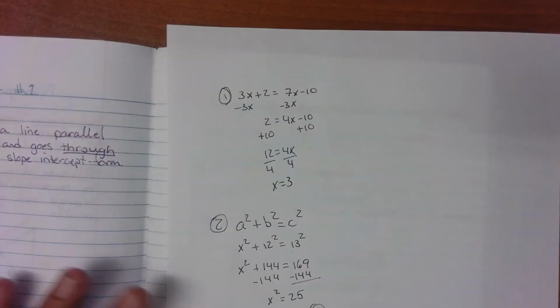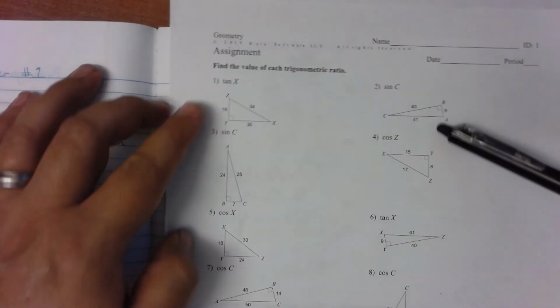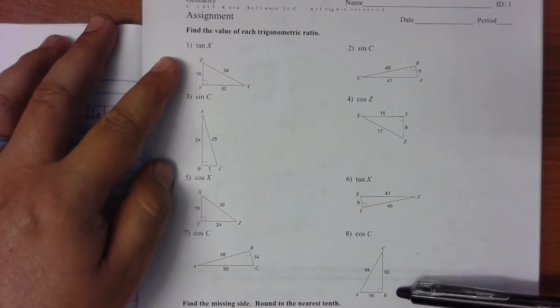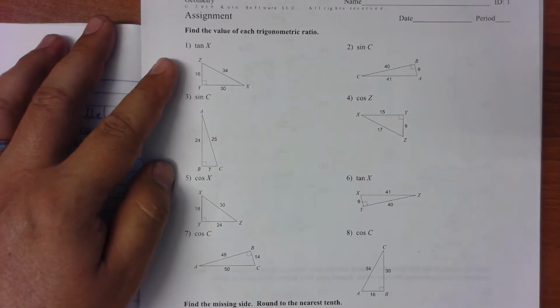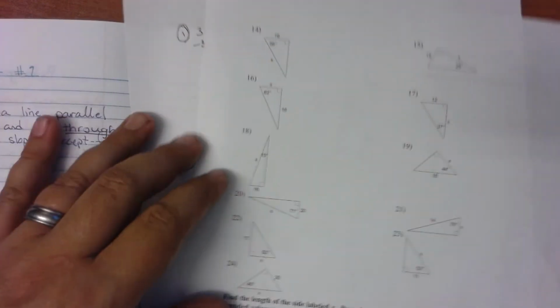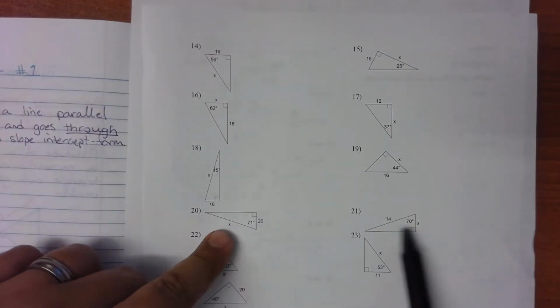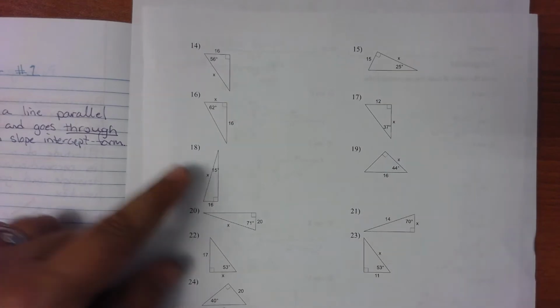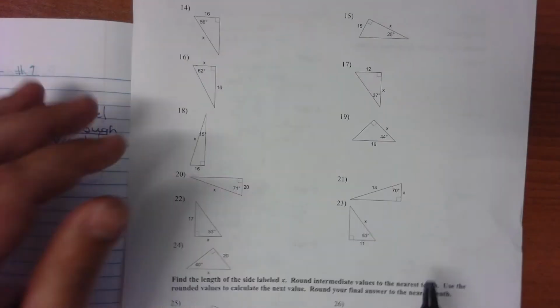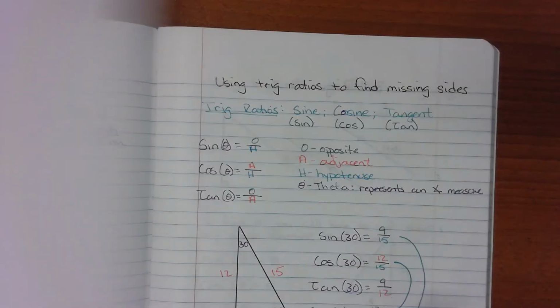That whole worksheet you had last time. 1 through 8, we were just setting it up. Just the ratio of the sides. 9 through 24, you're missing a side. Everywhere there's one side missing. Okay? Now we're going to do it where you're missing an angle.